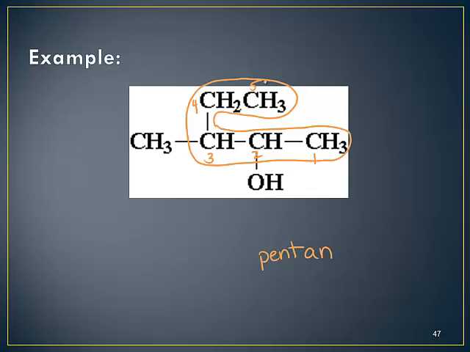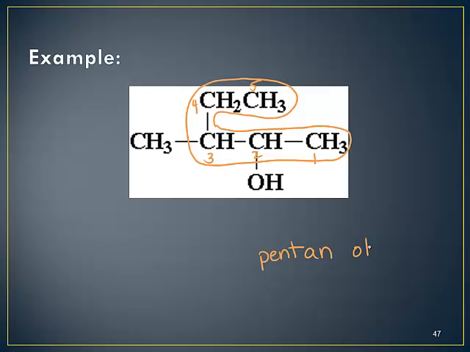Now, because this is a hydroxyl, an alcohol, we change the ending of the pentane to -ol. But just like before, when we had double bonds, we have to say where in the chain that double bond, or in this case, the hydroxyl group, is.